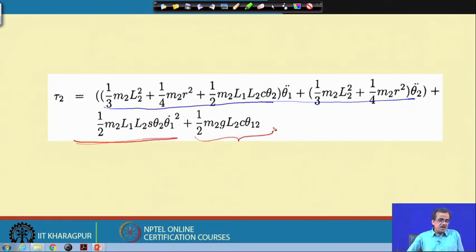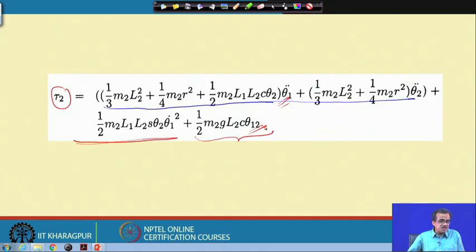So, this particular expression for theta 2 once again contains 3 terms. We are trying to find out the expression for the joint torque, that is tau 2, and here this theta 1 double dot has got significant contribution. Then here we have got cos of theta 1 plus theta 2.